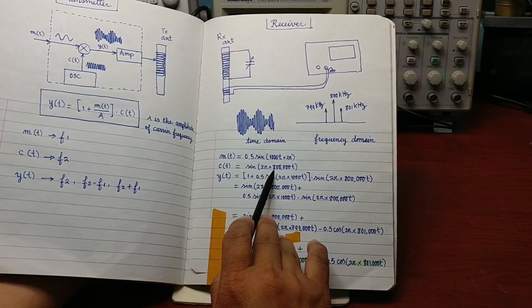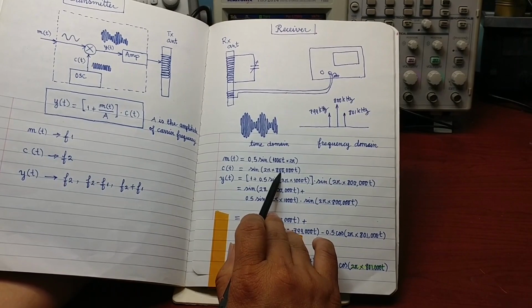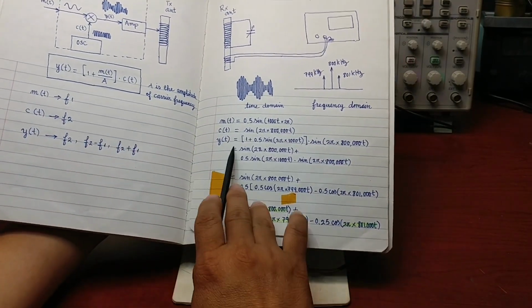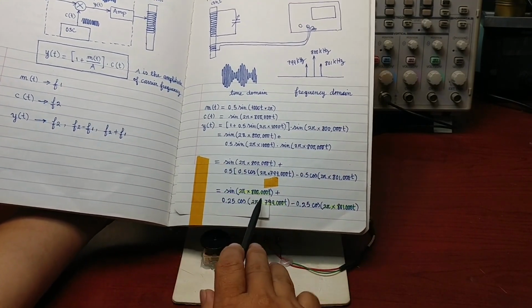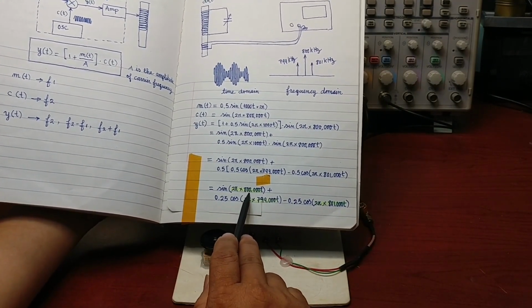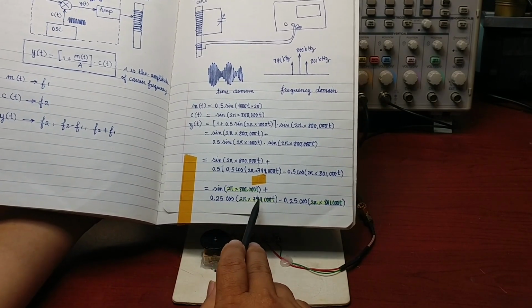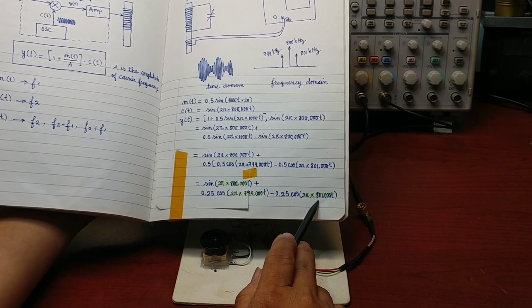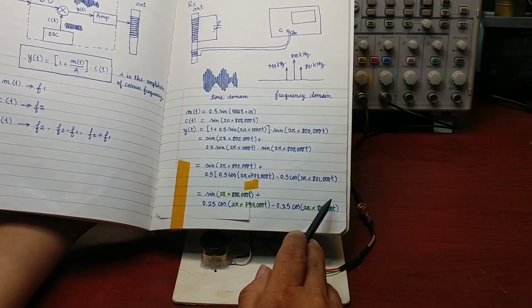The carrier signal is an 800 kHz sine wave with amplitude 1 volt. When we substitute the modulating signal and carrier signal into this formula, we finally get three frequencies. The first one is 800 kHz, the second one is 799 kHz, and the third one is 801 kHz.